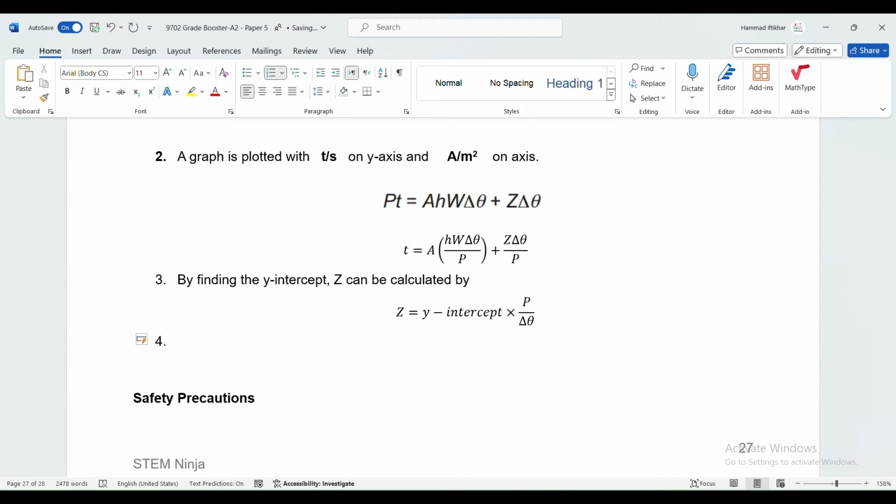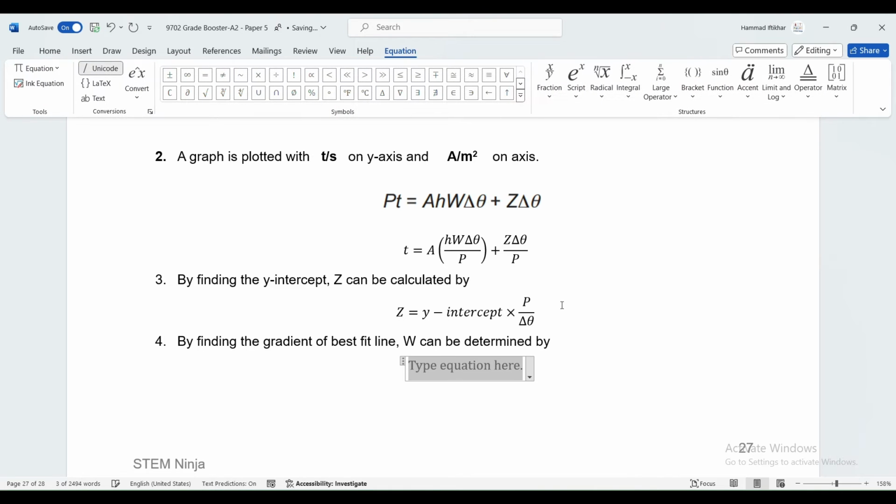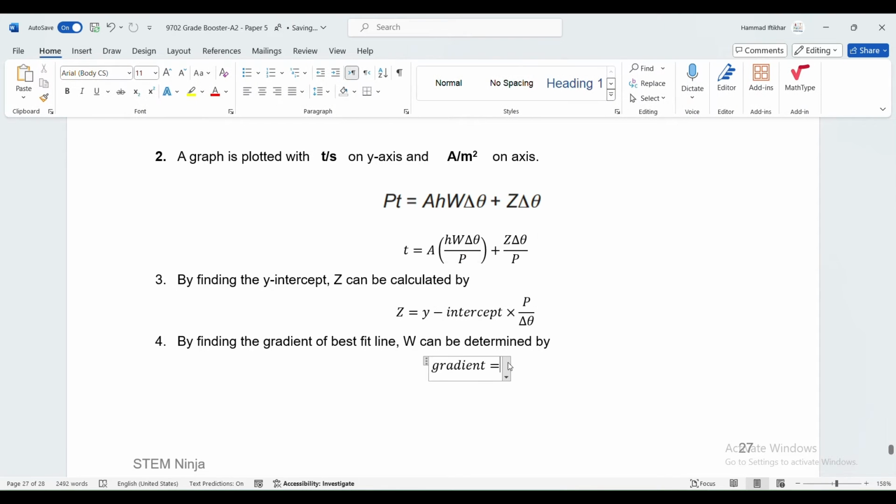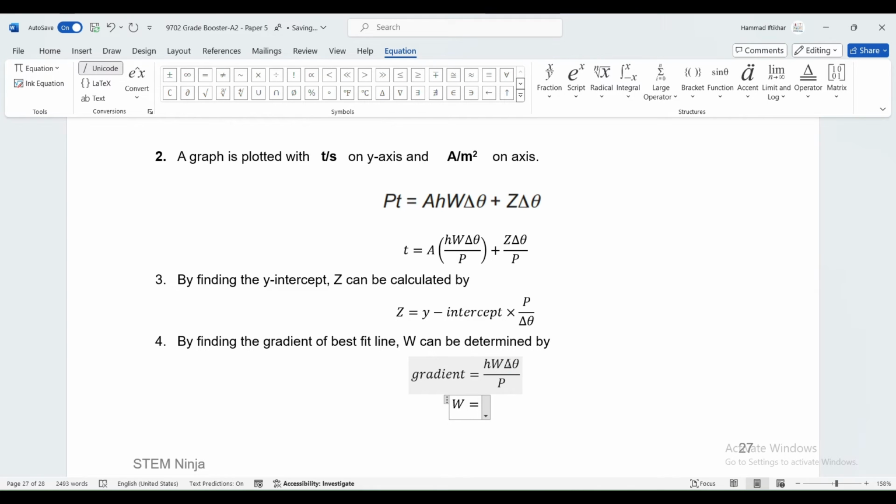Similarly, now we need to find out W by finding the gradient of this best fit line. W can be determined by, now we can write the gradient formula first, and then from that we can calculate the gradient.